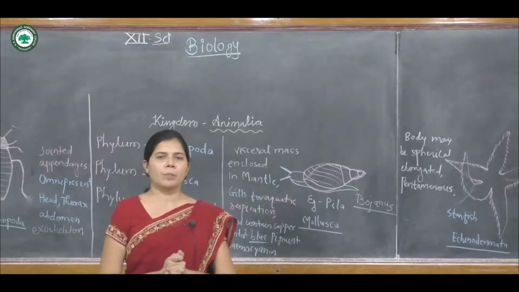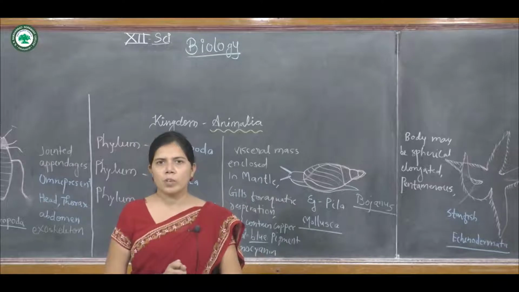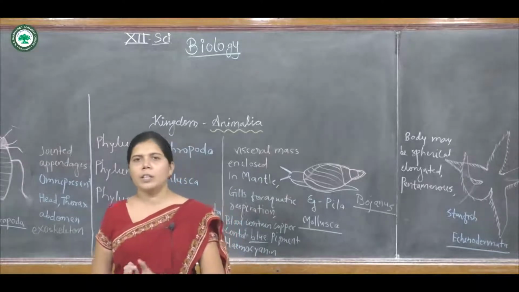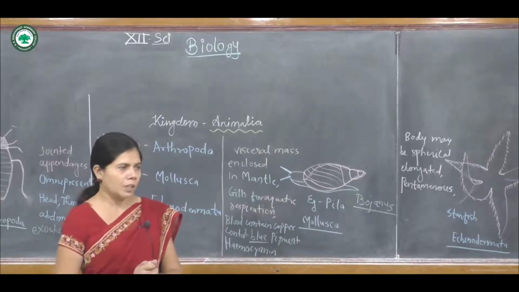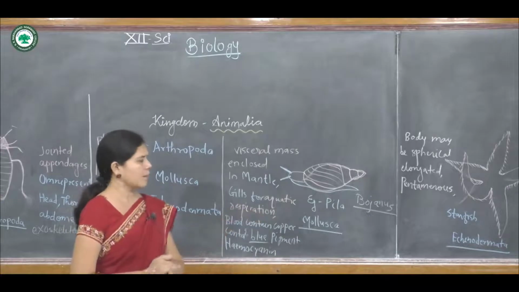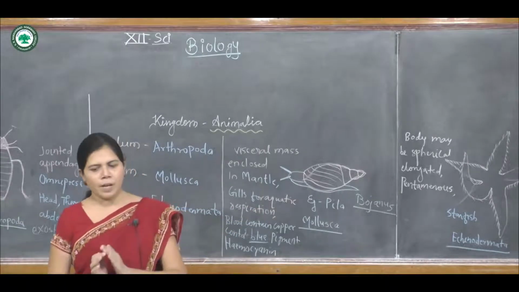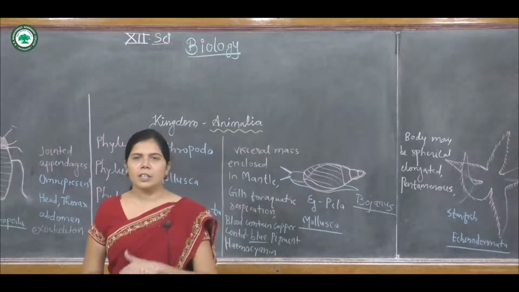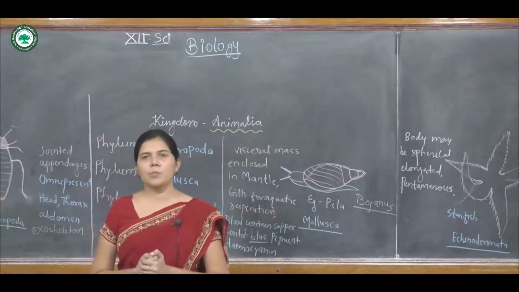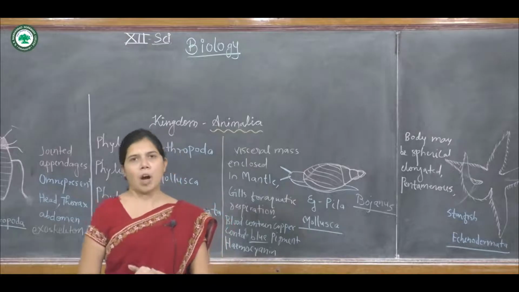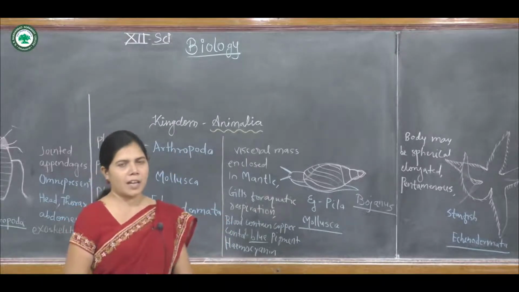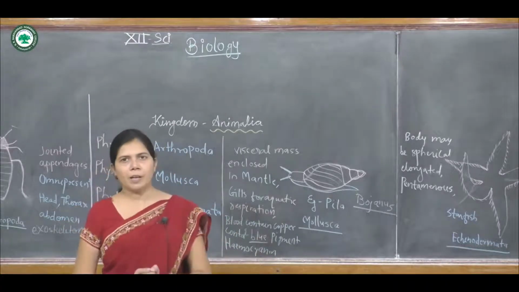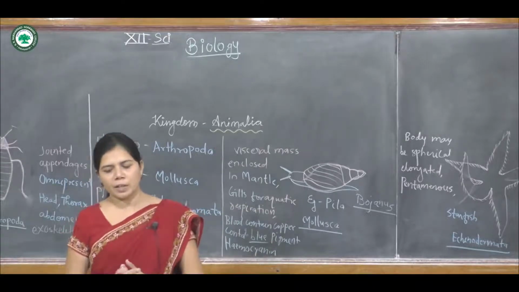The development of the larva, or the development of the young ones, is direct or indirect. One thing from the phylum Mollusca is economically very important. We know that the pearl oyster is an animal from the phylum Mollusca which is economically important.